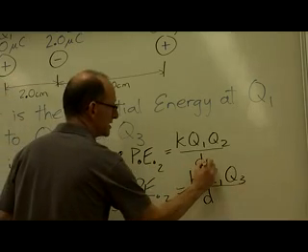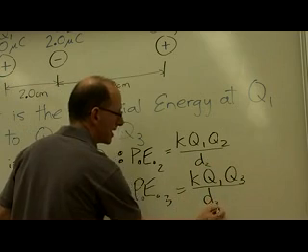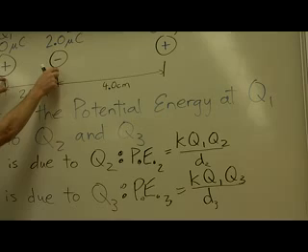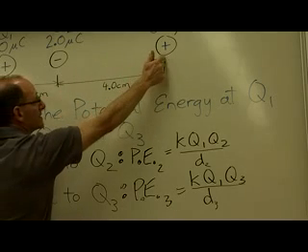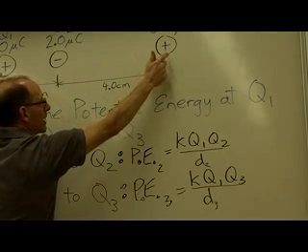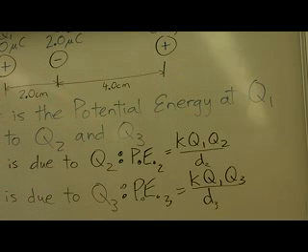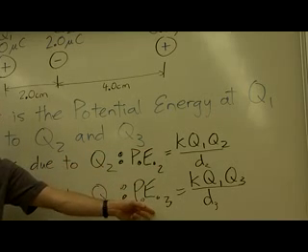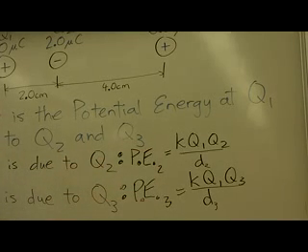I'll call this one D2. I'll call this one D3. Because D2 is that distance, and D3 is the distance between Q1 and Q3. So it's going to be the 6 centimeters. Okay, so those are the formulas you would use. One's going to turn out to be negative, one will turn out to be positive, then you just add the two. Okay? So that's what we'll do on the other board right now.